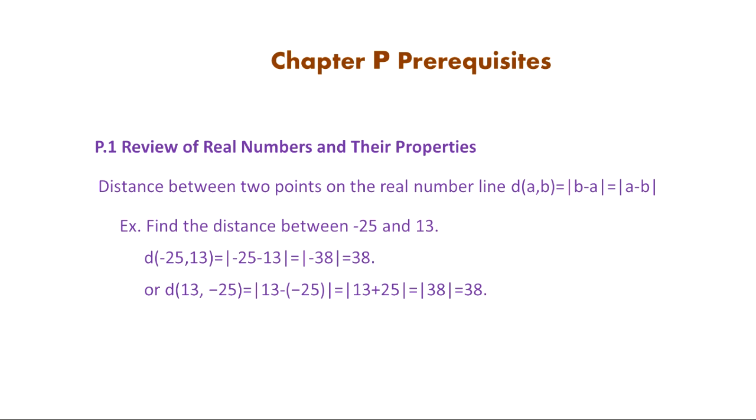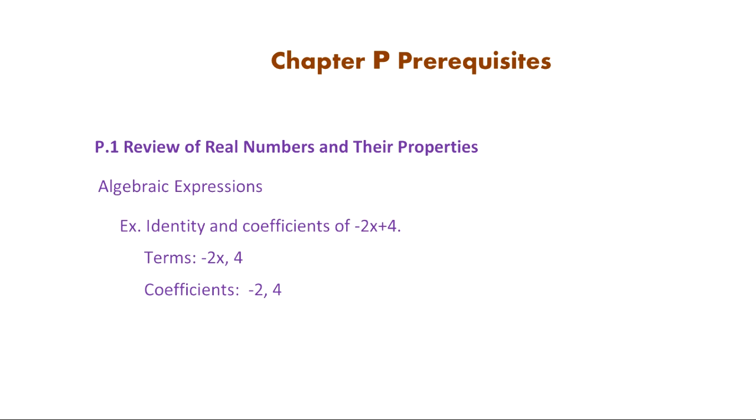All right. So let's talk about the algebraic expressions. This is a different thing now. What do we mean by algebraic expressions? We mean both the numbers and the variables. When you have numbers like 1, 2, 3, 4, and variables x, y, z, you mix them together, then you call that algebraic expressions.